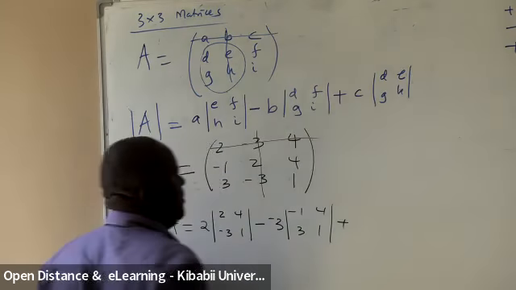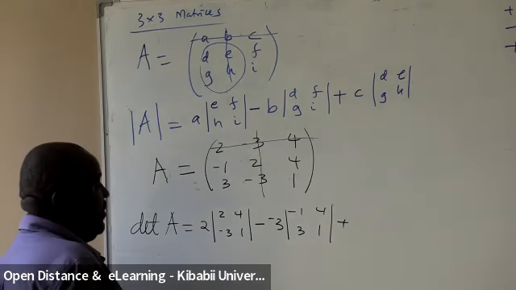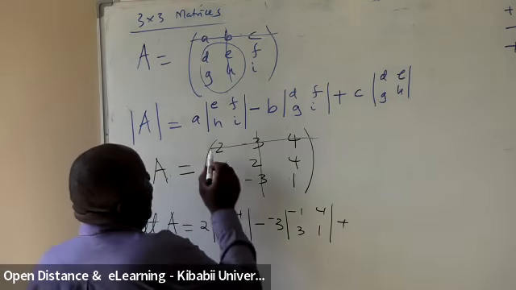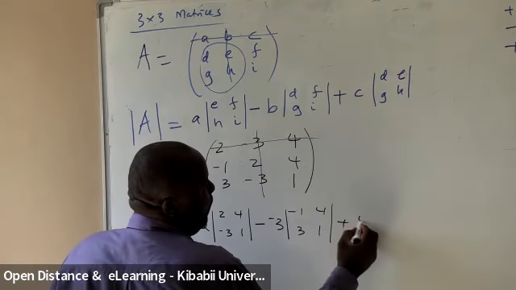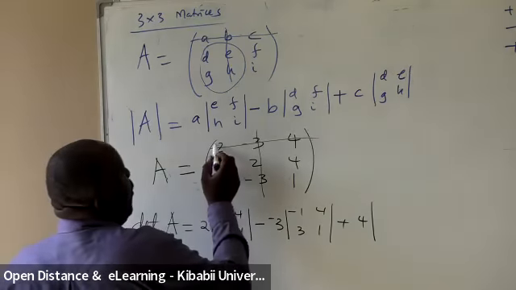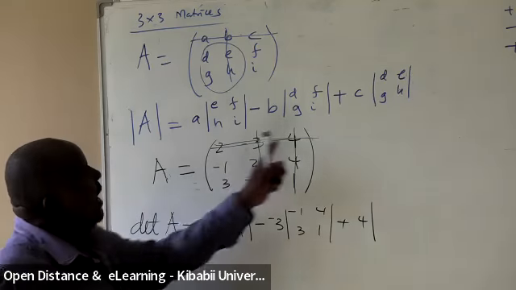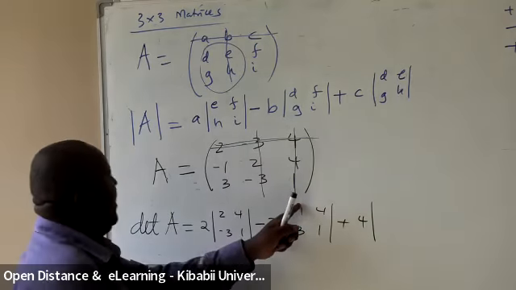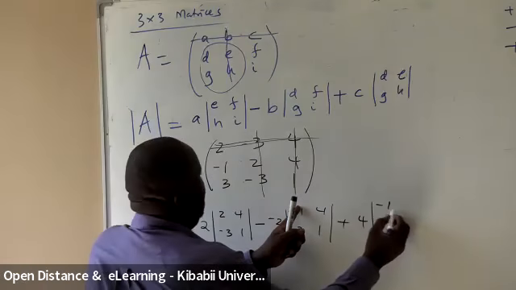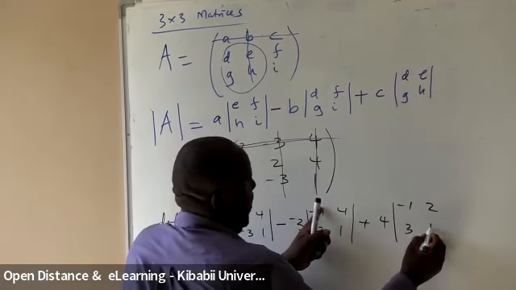Then plus. Look at now the third term. We are on row 1, the third term is 4. So 4 lies on row 1, column 3. If I delete row 1, column 3, I'm left with -1, 2, then 3, 1.